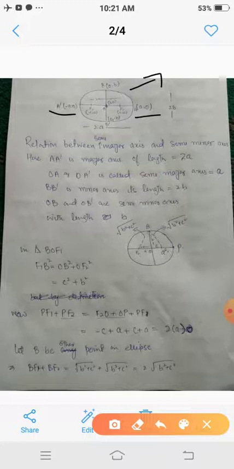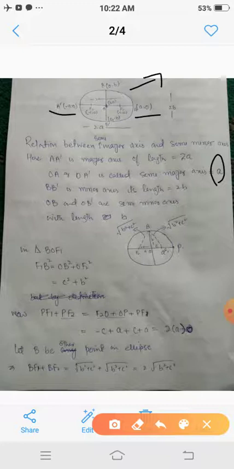Now OA equals OA'. The length of OA is positive A, while the length of OA' is also A, but its direction is negative. So OA is called the semi-major axis and its length is A, because the length of the major axis is 2A.